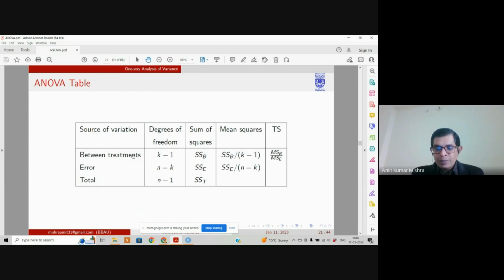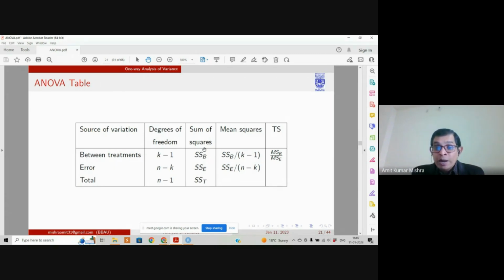Between treatment, the degrees of freedom is k minus 1, because there were k treatments. There are total n observations and degrees of freedom n minus 1. If you subtract k minus 1 from n minus 1, you will get n minus k, that means the error degrees of freedom. Then you write down the sum of squares: the between sum of squares, error sum of squares, and total sum of squares.